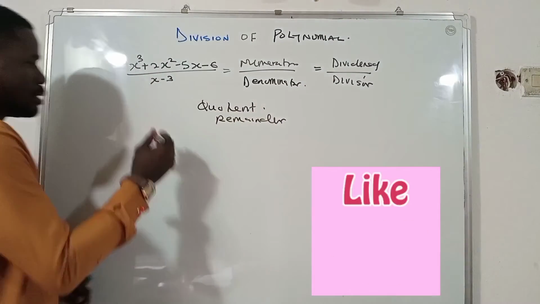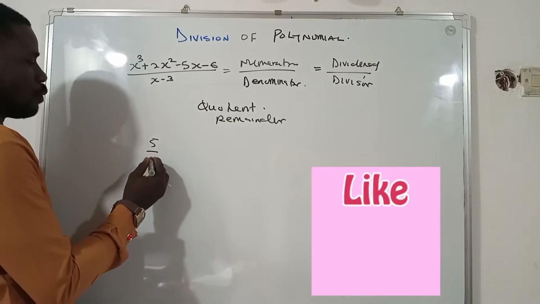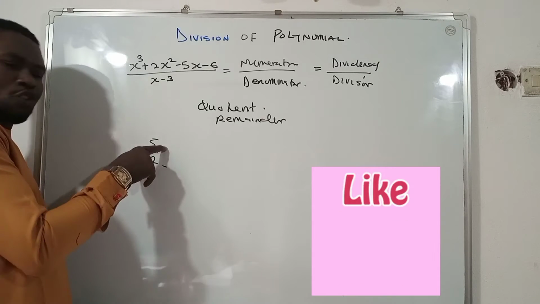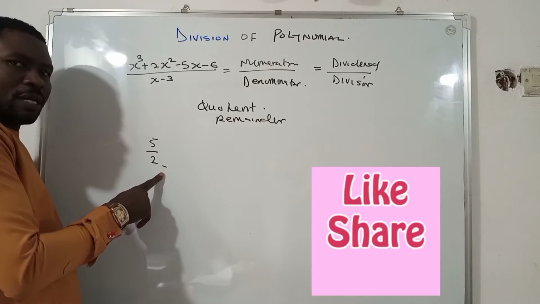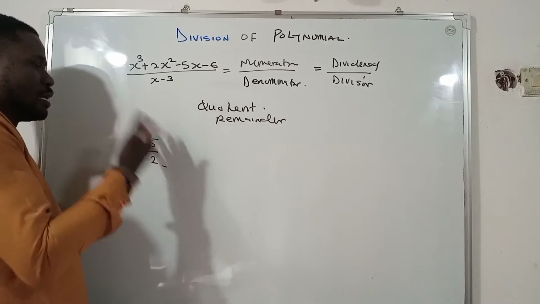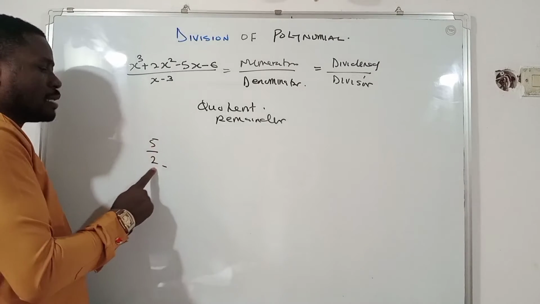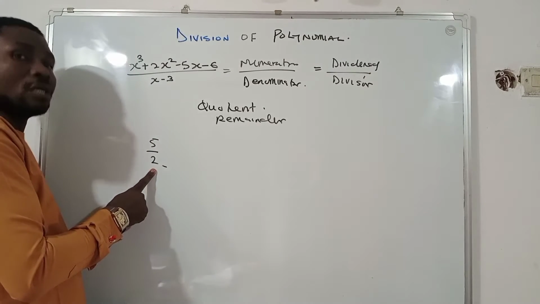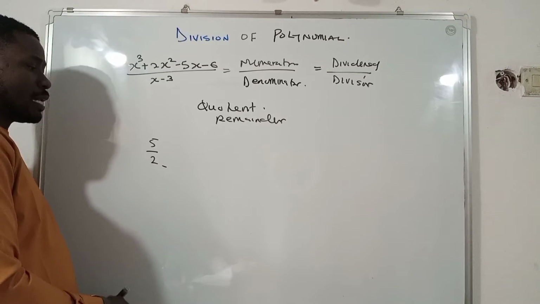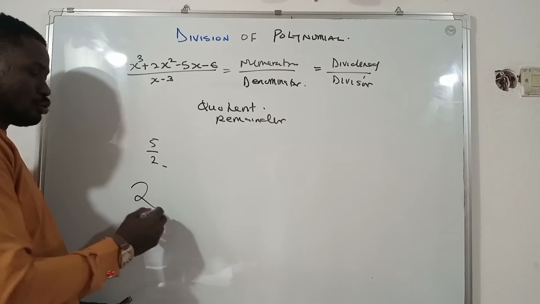This is similar to 5 divided by 2, for instance. You know that 5 is the numerator, the dividend, and 2 is the denominator, the divisor. By the time you say 5 divided by 2, you know it's going to be 2 times.